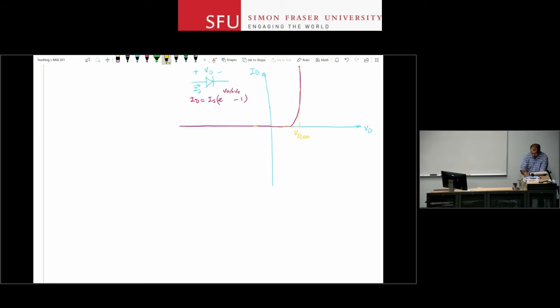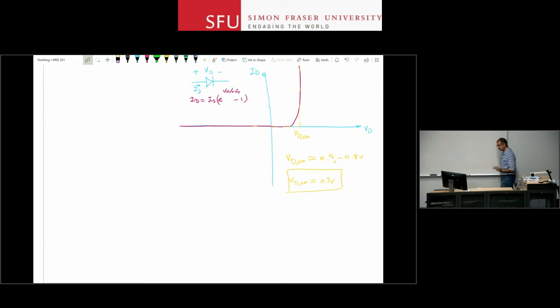And for typical diodes, VD on is in the range of 0.7 to 0.8 volts. 0.7 for large power devices, silicon-based, and 0.8 for integrated ones. For the ones that you buy from a component supplier, a discrete diode like the 1N4000 series or similar devices, a good value to start with is about 0.7 volts.